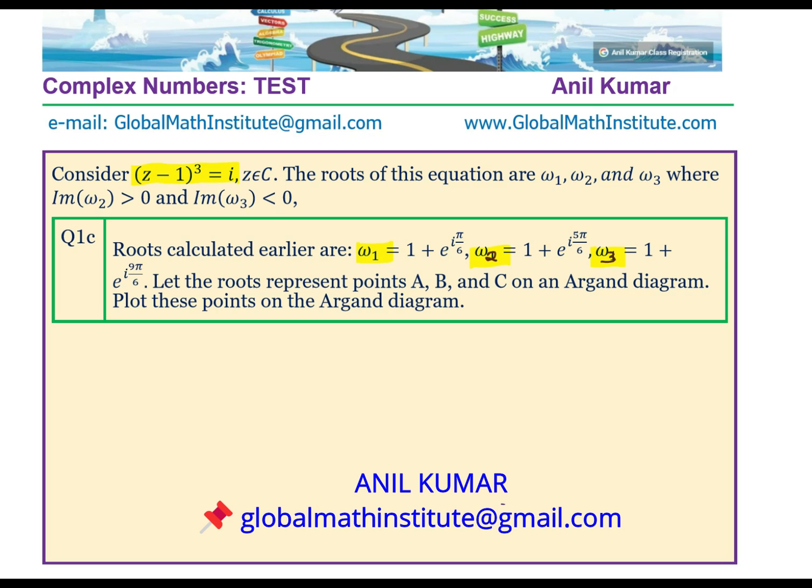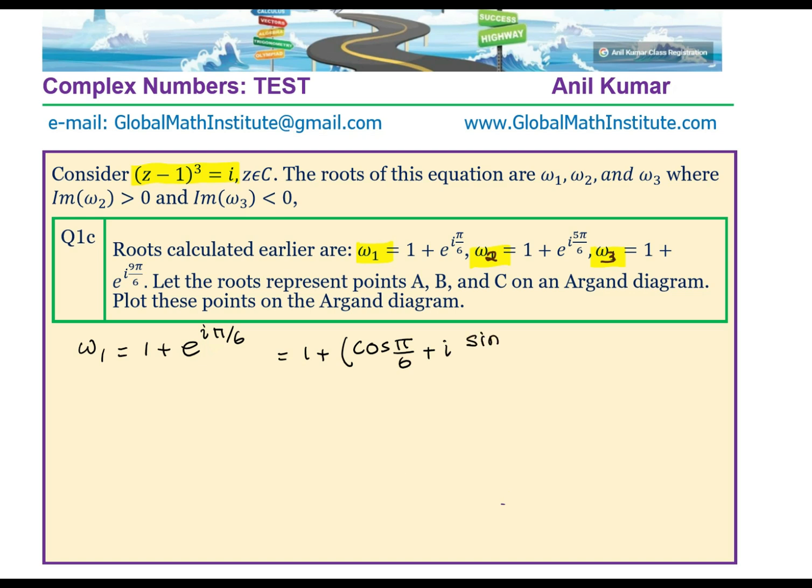Let's calculate the values. Omega 1 is 1 plus e to the power of i pi by 6, which can be written as 1 plus cos of pi by 6 plus i sine of pi by 6, correct? To find the values, we can use a special triangle, so let me draw a special triangle here.